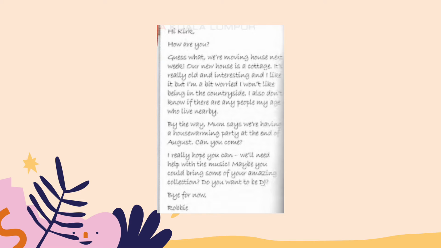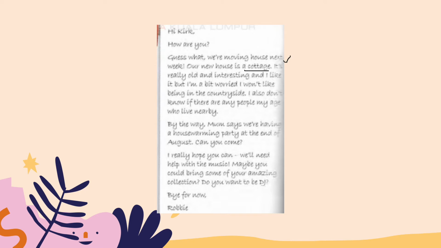Before that, can you guess what the informal letter is all about? It's about Robbie, who is moving house next week. And then he mentions that his house is a cottage.